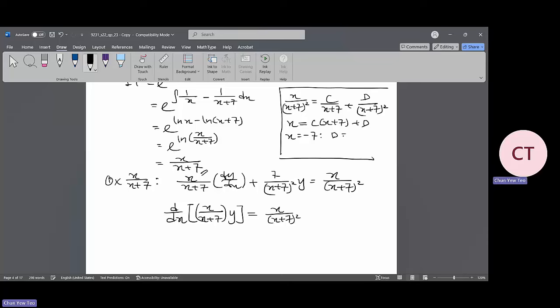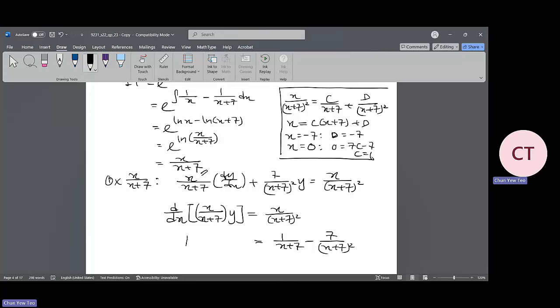So your D is negative 7. So x equal to 0, 0 equal to 7c minus 7, your c is 1. Okay, so from here, we can actually split these two to become 1 over x plus 7 minus 7 over x plus 7 square.